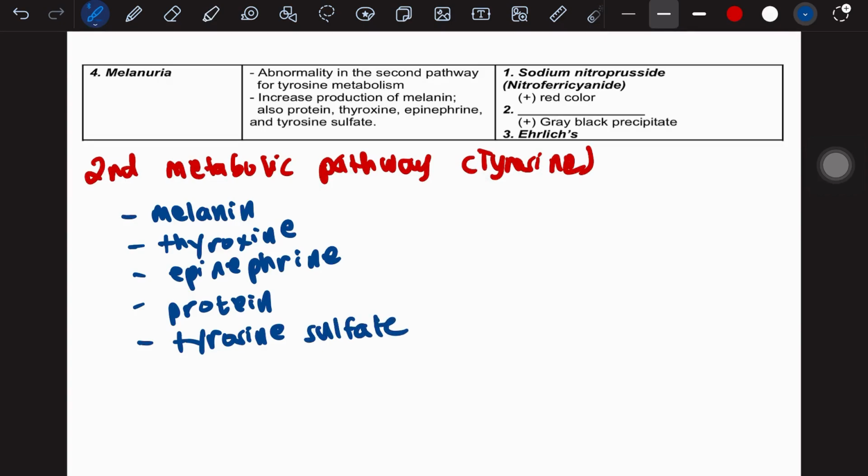Among these, the major concern if we are talking about urinalysis is melanin. So, that's why we will focus on it.